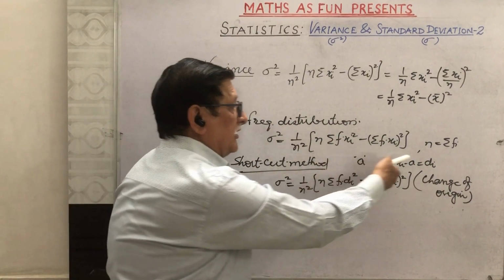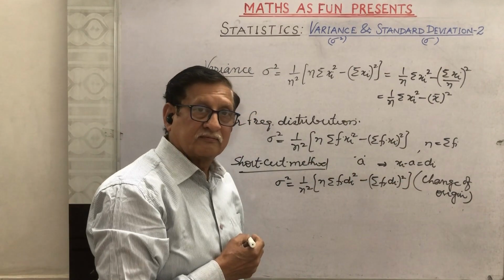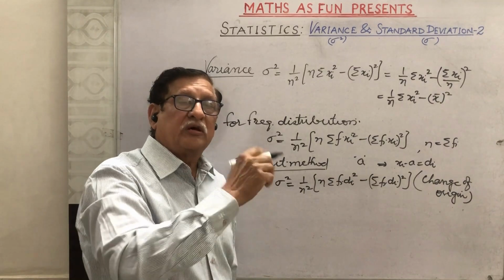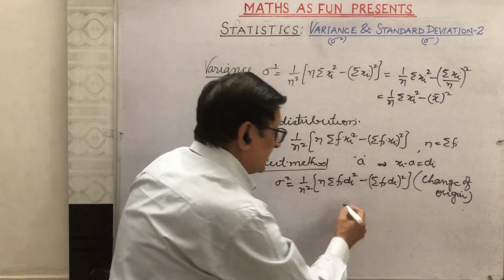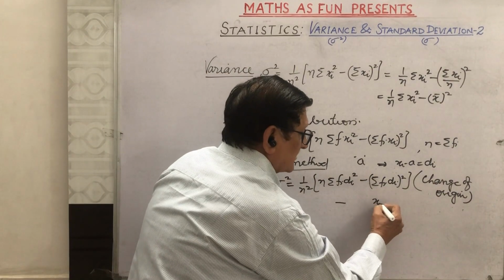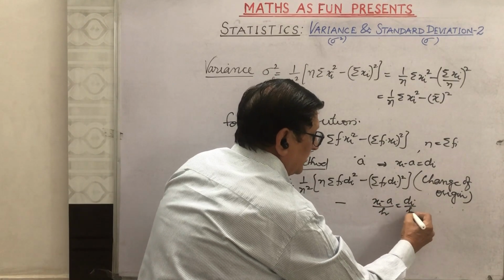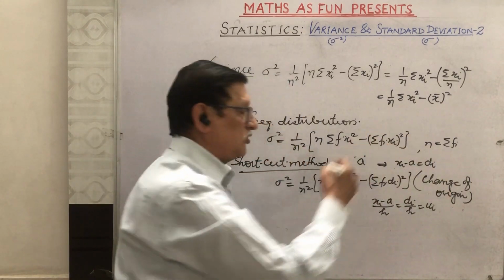Now if we are finding di also is a bit large, then we can divide this di by the class interval or the HCF of all di, and in that case we write xi minus A upon h is equal to di upon h, and this we represent by ui.